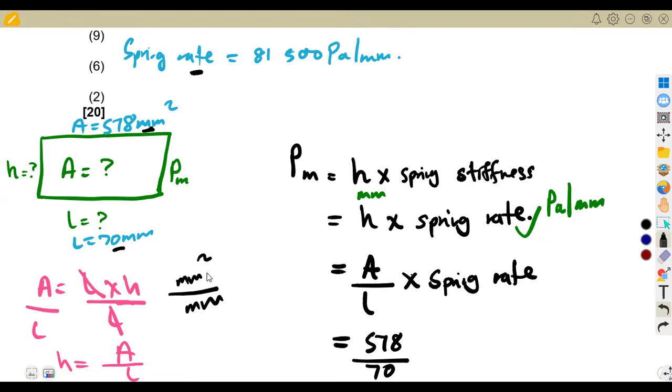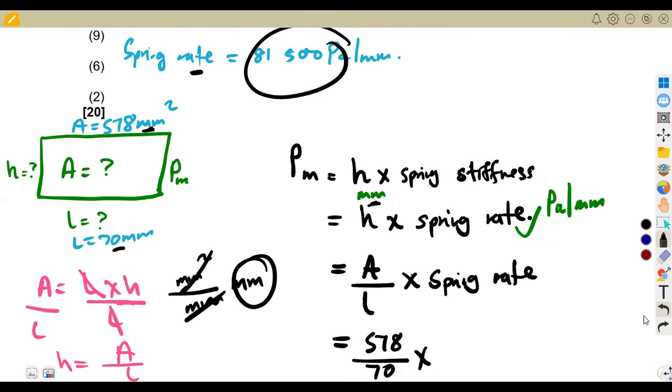So the millimeters cancel and we get millimeters, so our height is in millimeters, times the spring rate, which is Pascal per millimeter. So it cancels, and you remain with Pascal.